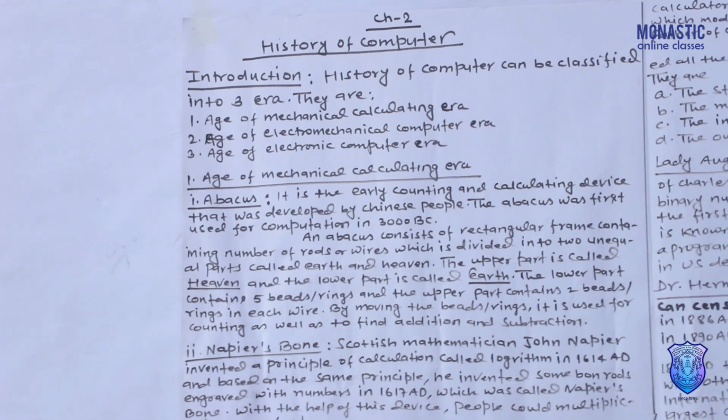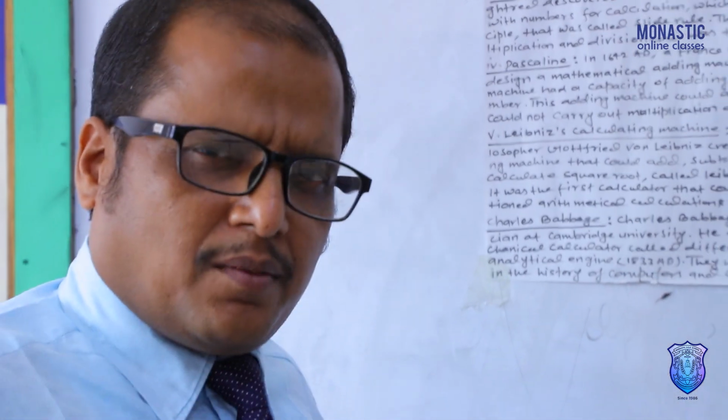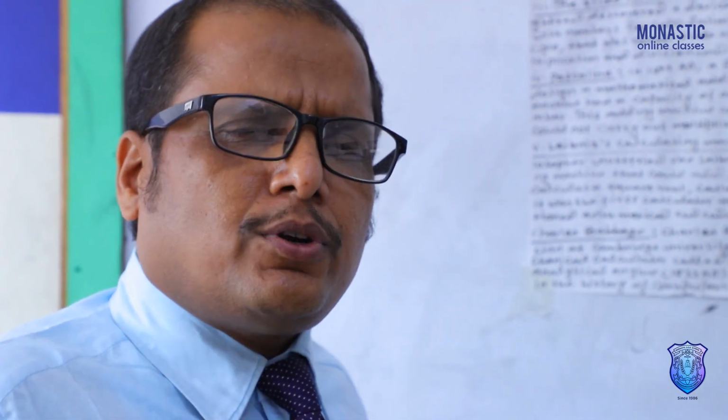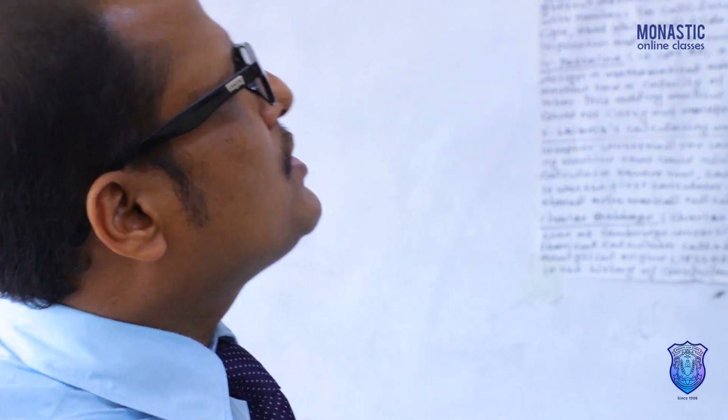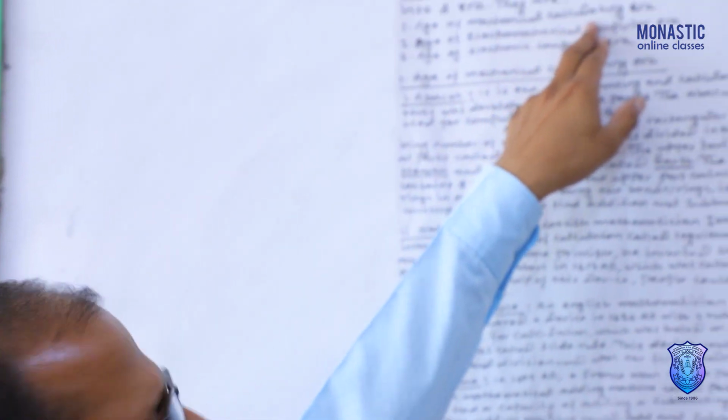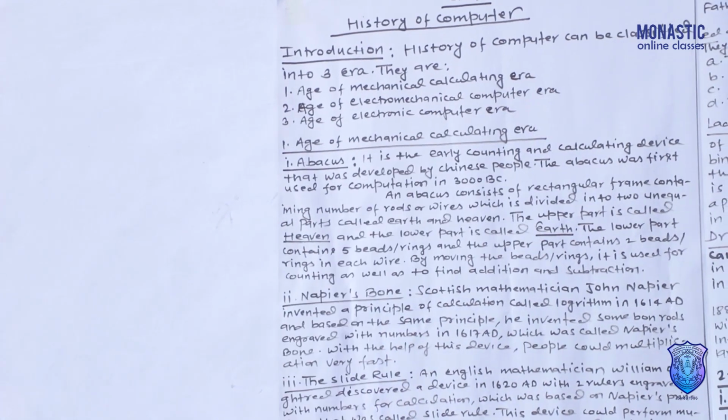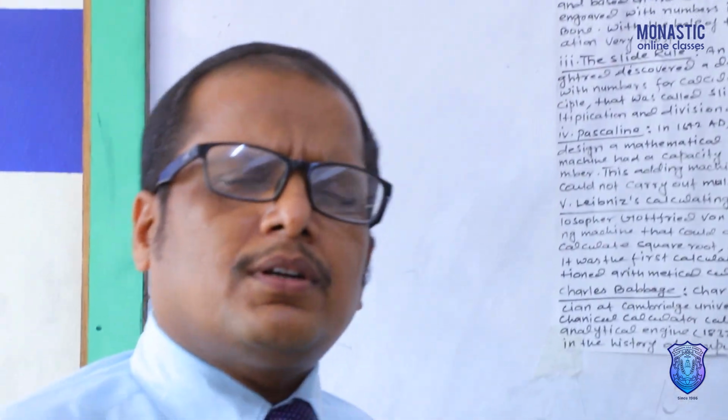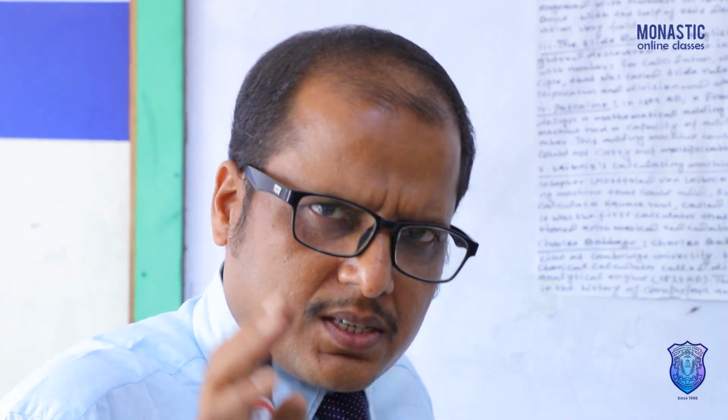The era in which mechanical technologies were used to develop different mechanical devices is called the mechanical calculating era. In this era, I will discuss different mechanical devices, different mechanical machines, and some developers.